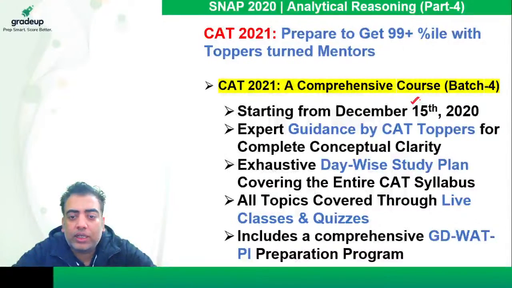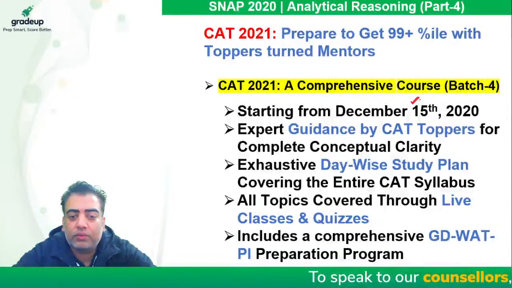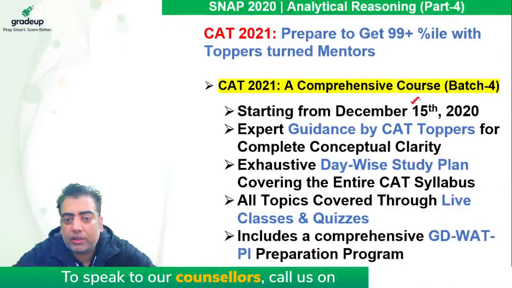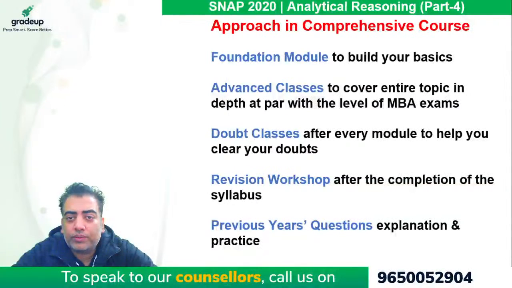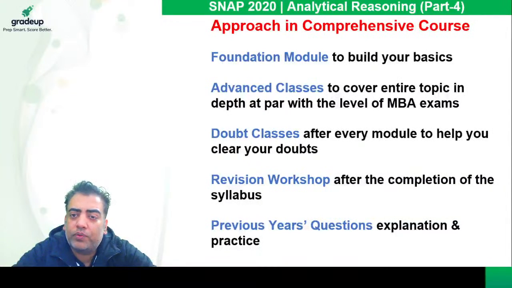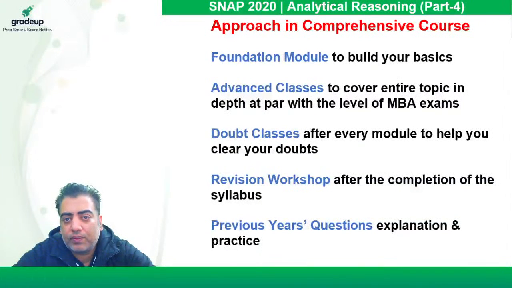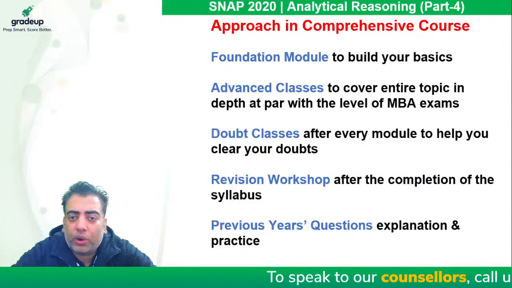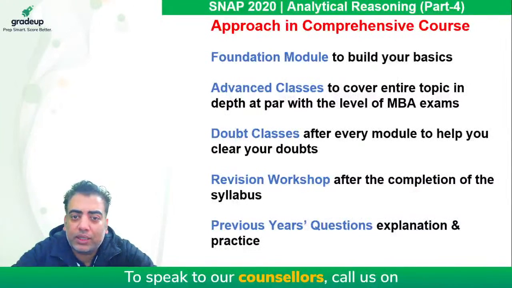This program also includes comprehensive GD, VAT and PI preparation. So the approach in the comprehensive course is we start with the foundation module, which has very basic classes, so that no one ever feels that I have forgotten everything or my basics are not clear.